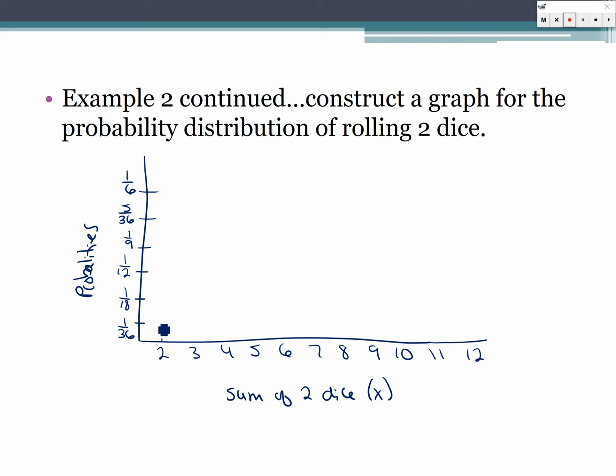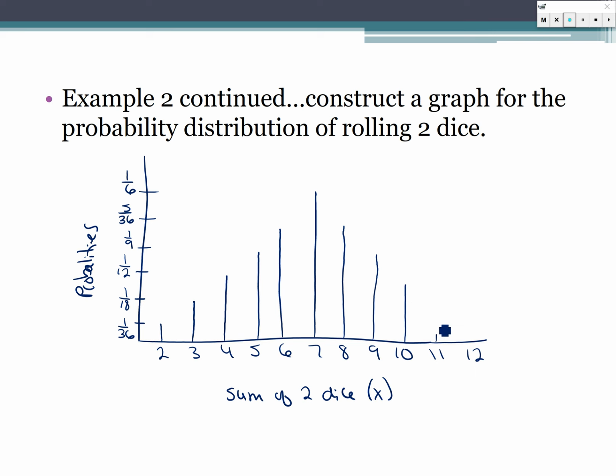So for sum of 2 that has a probability of 1/36, so I just draw a vertical line up to 1/36. 3 had 2/36. 4 was at a 12th. 5 was at a 9th. 6 was at 5 out of 36. 7 was at 1/6. 8 was 5/36. 9 was 1/9. 10 was a 12th. We had another 18th. And we had a 36th.